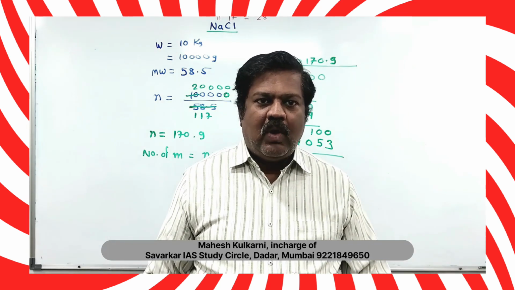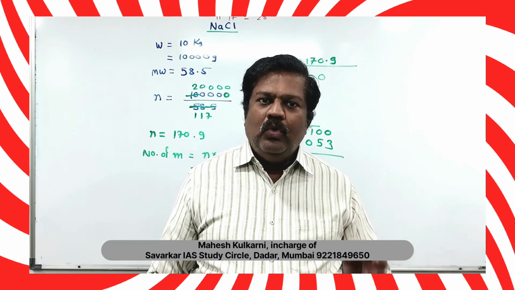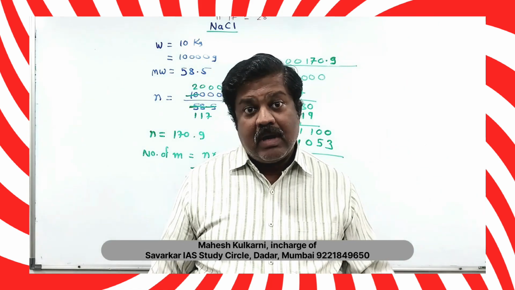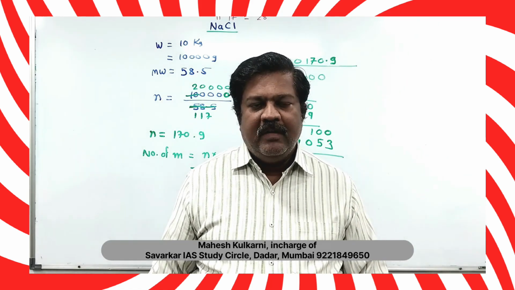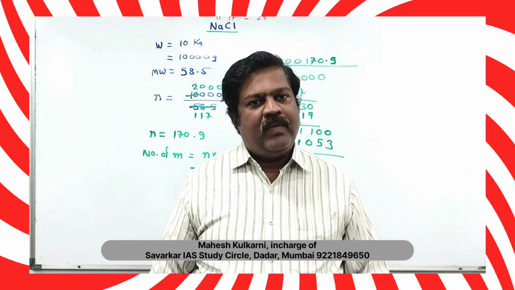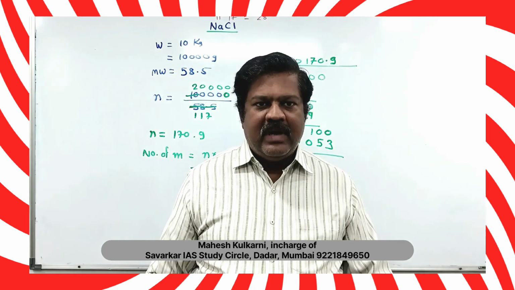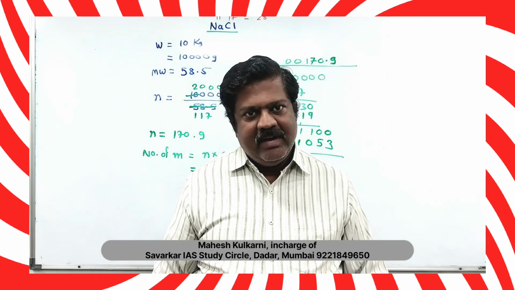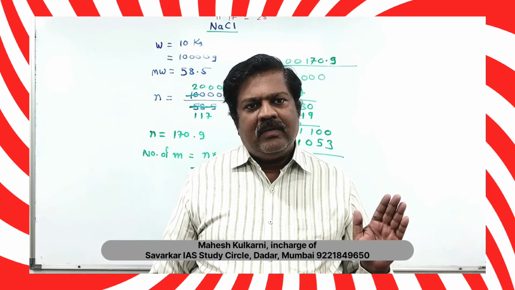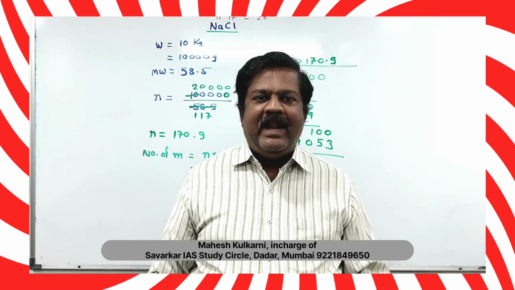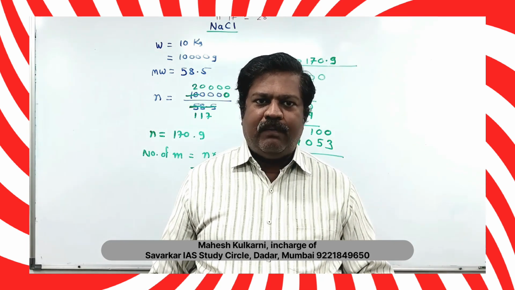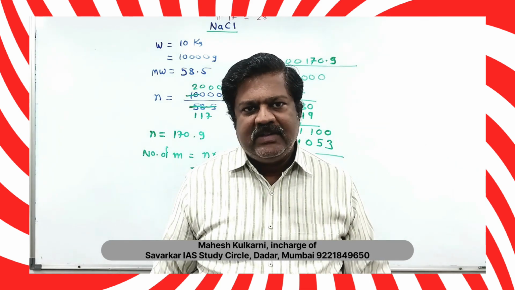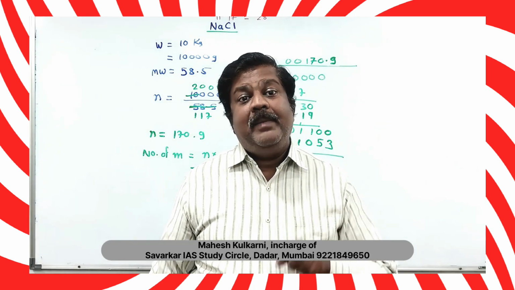Till here, what we solved was only a pure sample. But now we are going to analyze a mixture. So first we have to find out 99.9% of 10 kg. Clear? When we are saying 99.9% of, when this type of thing is there, we have to multiply by 100.